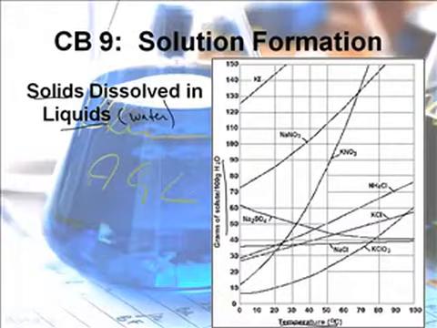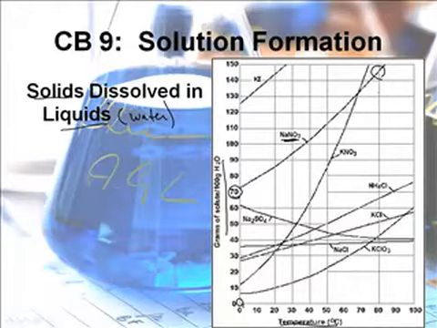Water is the solvent. And so, for example, I have sodium nitrate. So at 0 degrees, you could dissolve 70 grams of sodium nitrate in water. However, if you were to come up here to 80 degrees Celsius, you could dissolve 150 grams of sodium nitrate in water. So it's a function of temperature.